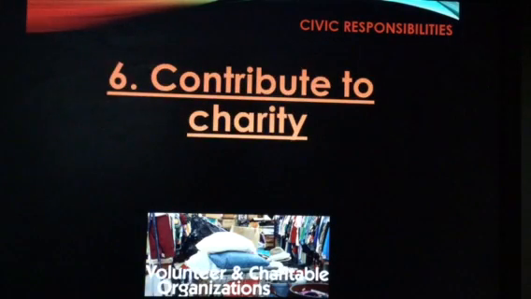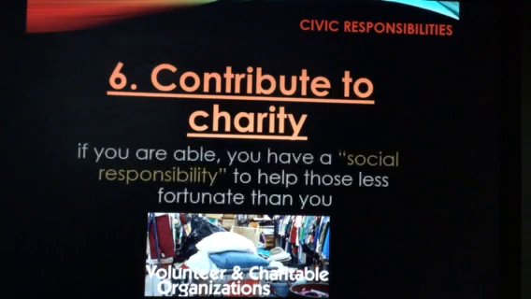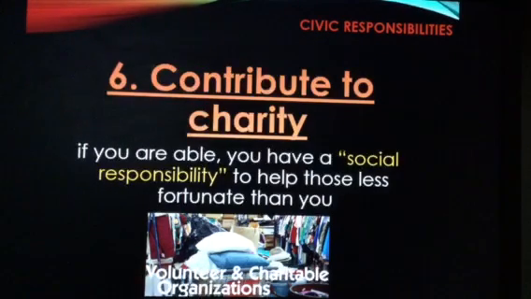Contribute to charity. Again, responsibilities are not requirements. Duties are. Responsibilities are things that we should do to be good citizens. Helping others less fortunate than you, if you are able. Not everyone is able to contribute in some fashion.